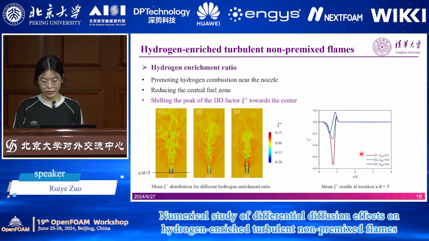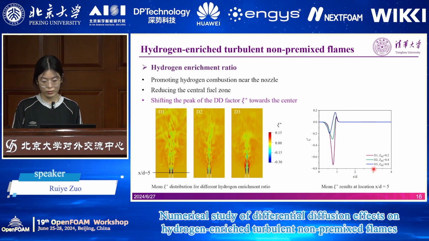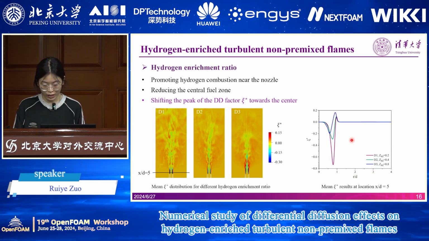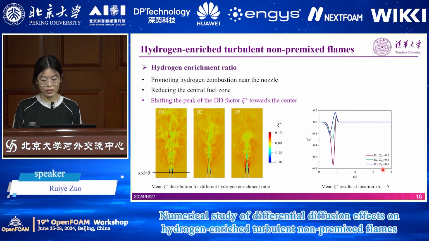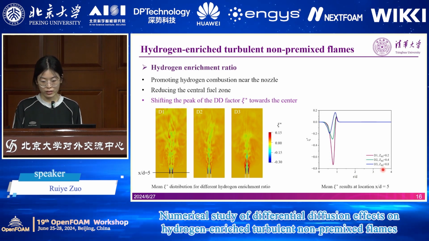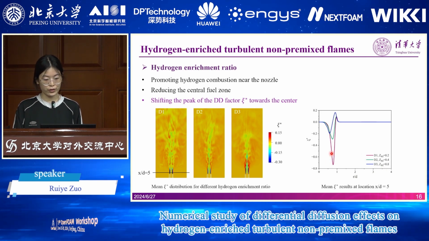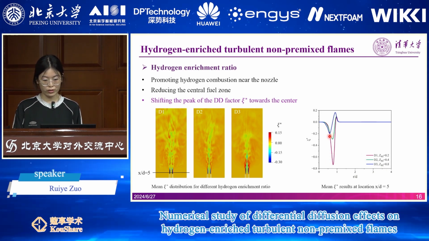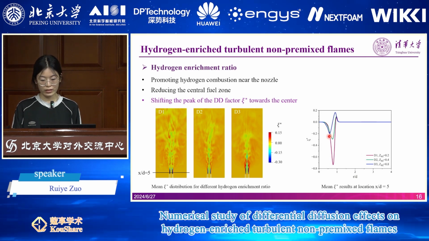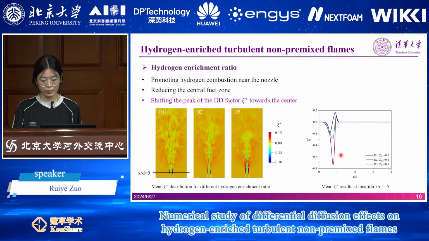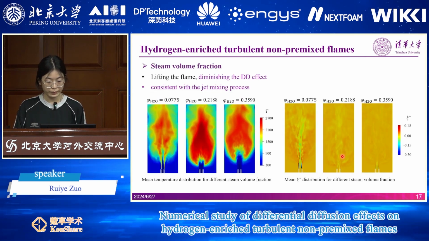As shown in this picture, under condition D3, the blue line with the hydrogen fraction equal to 0.8, the peak of the differential diffusion factor C star shifts towards the center, with an increase in maximum positive value and a decrease in the maximum negative value.